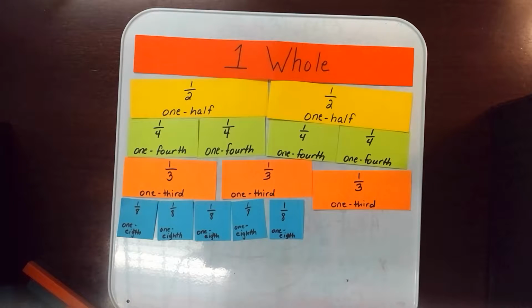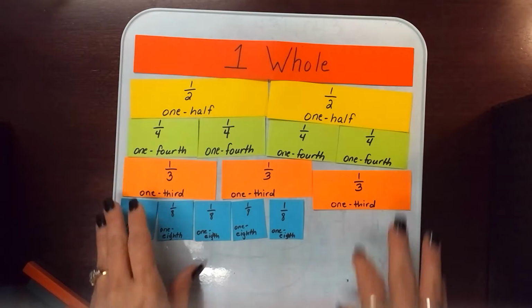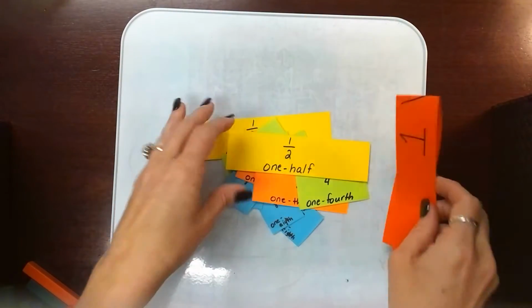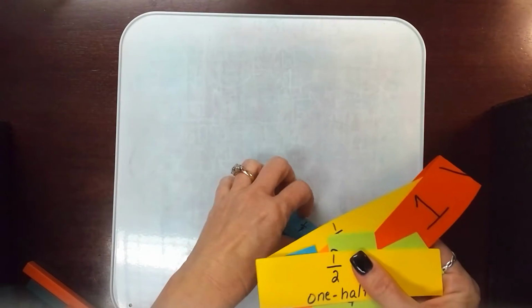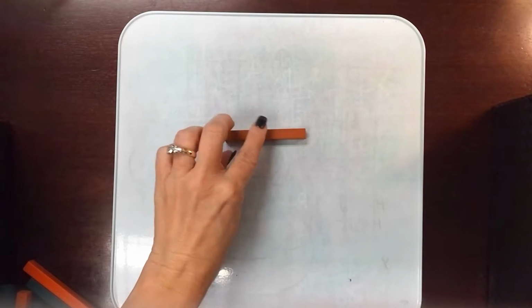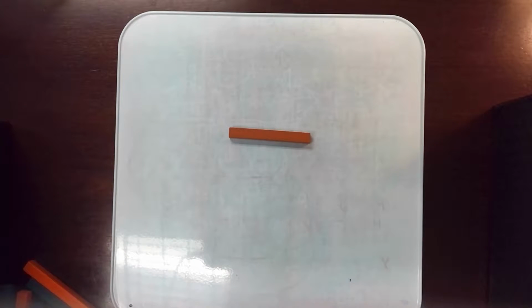Okay, but I would start out with some sort of manipulative that students can manipulate to find equivalent fractions. The fraction strips are good, as I said, but I also like the Cuisenaire rods, because remember, any one of these can be a whole.